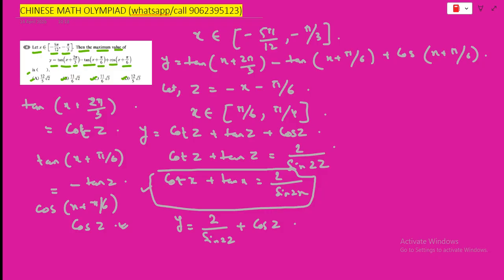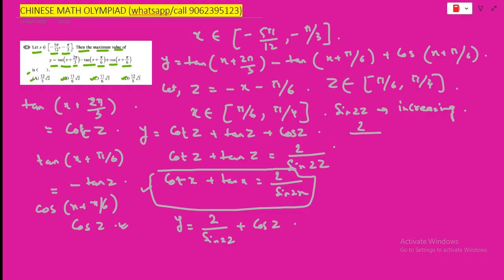So now we check the behavior of 2/sin 2z and cos z. Okay, so for z belongs to [π/6, π/4], sin 2z is basically increasing, right?